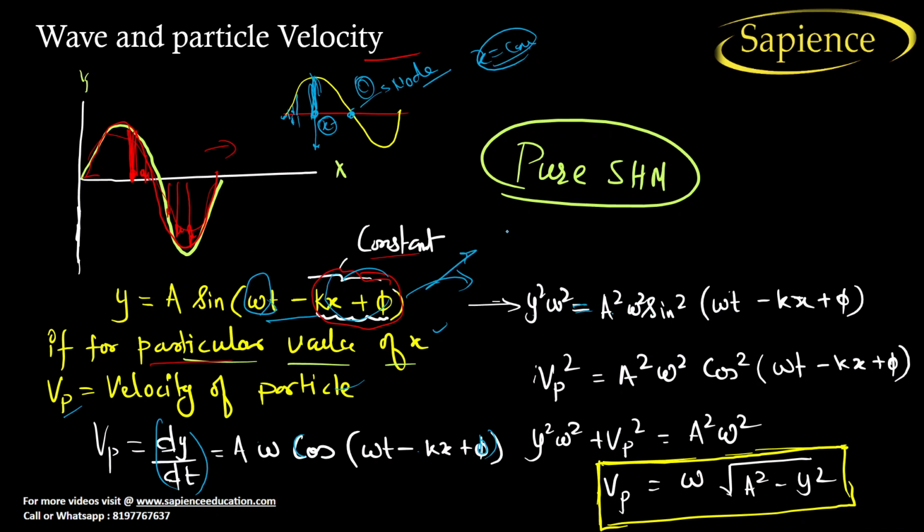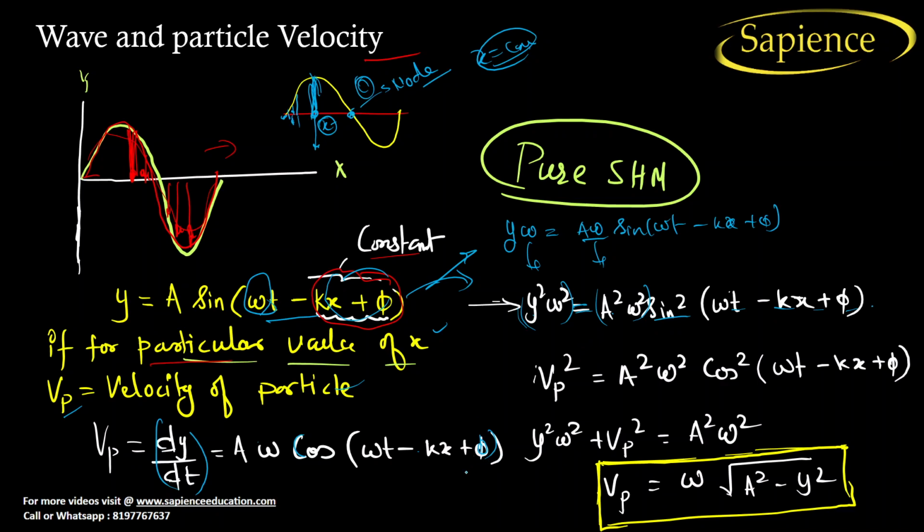This is the equation, so we can rewrite it as y omega is equal to a omega sine omega t minus kx plus phi. Let us suppose we square both the sides. So we will get y square omega square is equal to a square omega square sine square omega t minus kx plus phi.